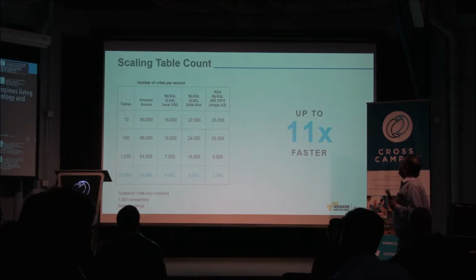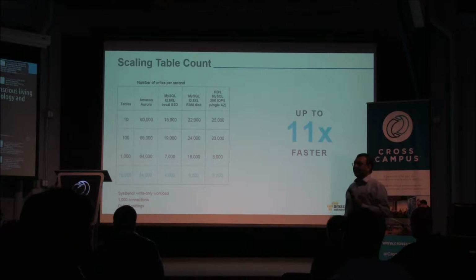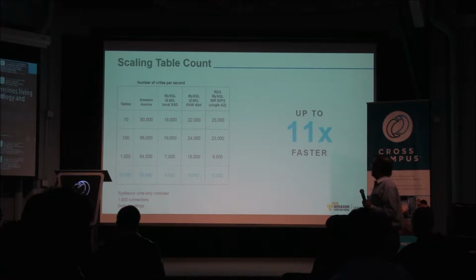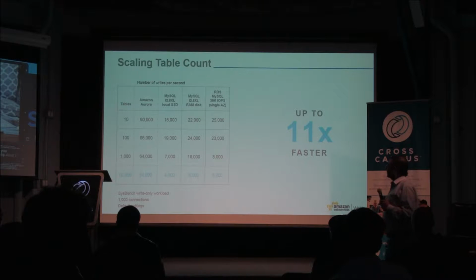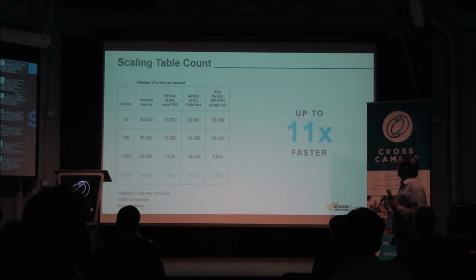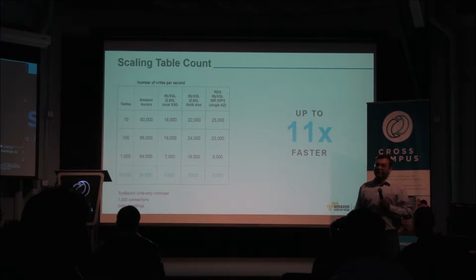Then we changed the number of tables so that not everything fits in the cache. Right? We started with 10 tables, and we went to 100,000, 10,000, and we compared that with various different types of MySQL instances. We used MySQL with local SSDs so that there is no network storage effect.